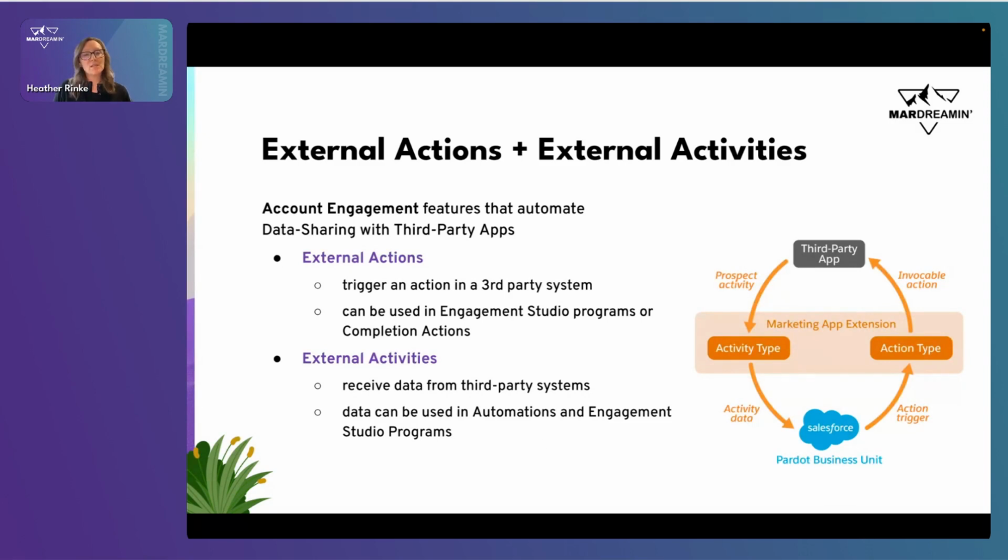And then external activities allow you to store data on your prospect from third-party systems, but you can leverage that through Flow to write that information to your prospect in Account Engagement.